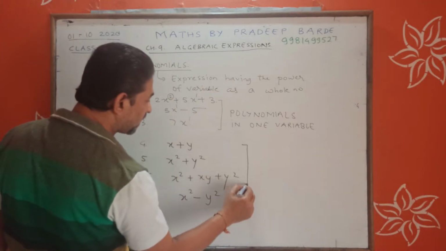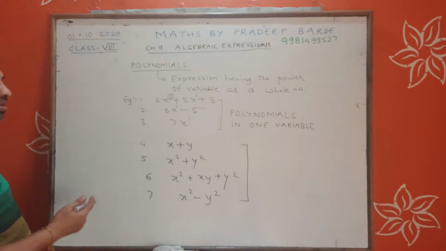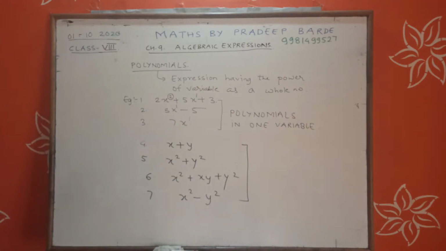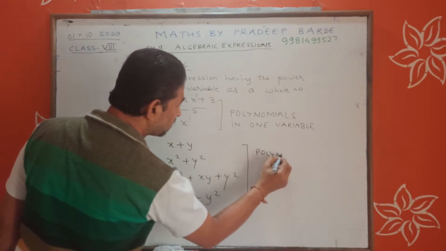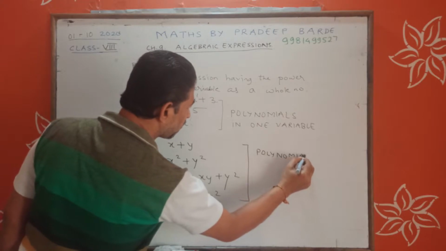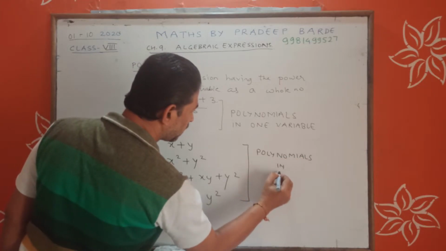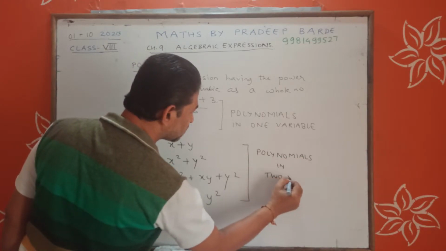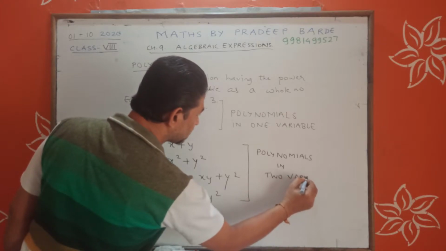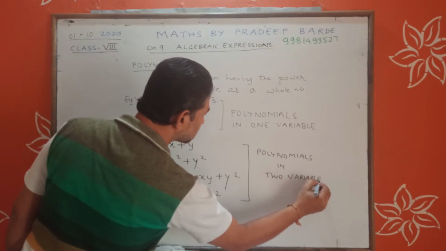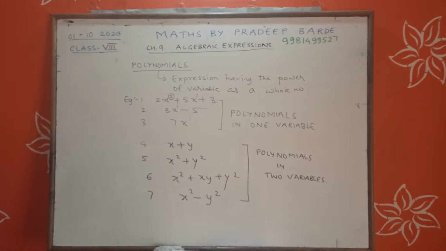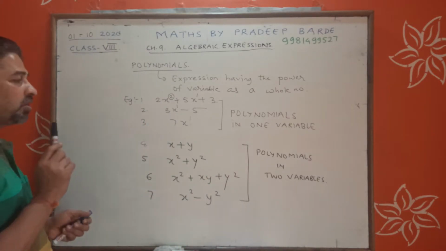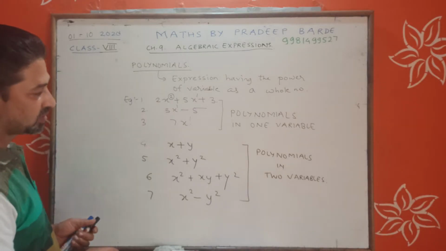Again we see the powers of the variable are either 1 or 2. So these are polynomials in two variables, because in all these examples we have taken two variables x and y.